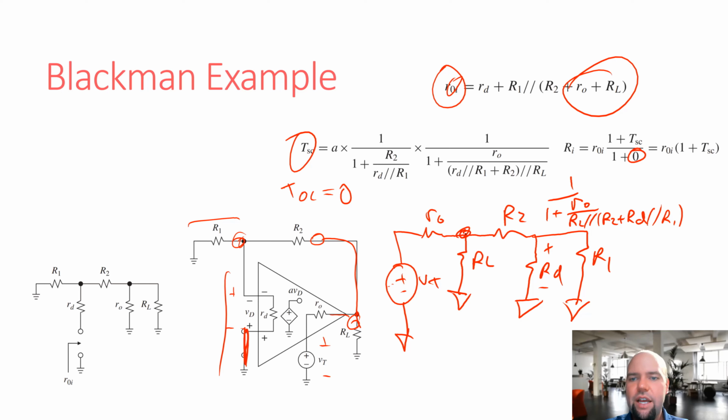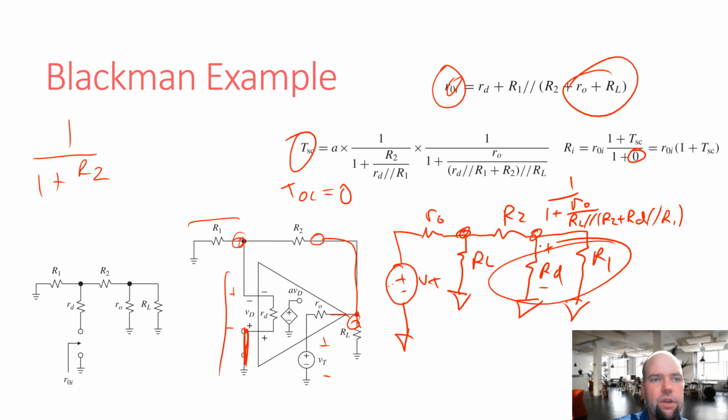Then we'd have to do it again to find the voltage here. So I'm doing another voltage divider, that expression times 1 over 1 plus R2 over RD in parallel with R1. So we do one voltage divider to find the expression for the ratio here, and then another voltage divider to find the expression for the ratio here. That's what they're doing here.